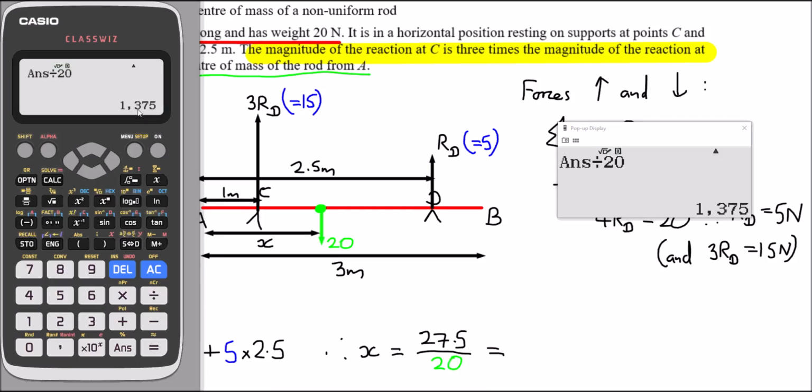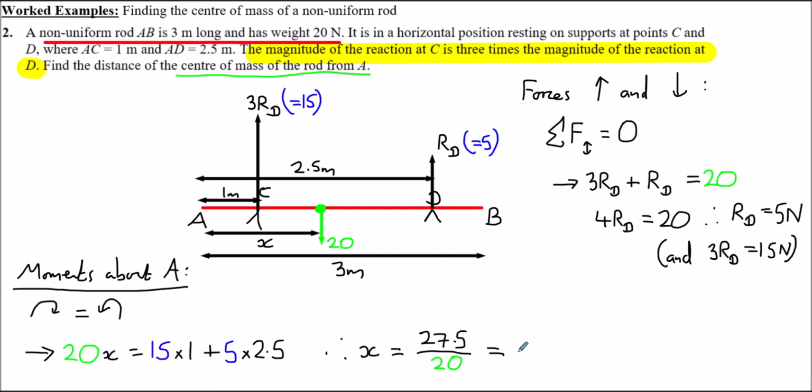So to the magical 3 significant figures, that's 1.38 metres away from A. And that's correct to 3 significant figures. So that's all we need to do.